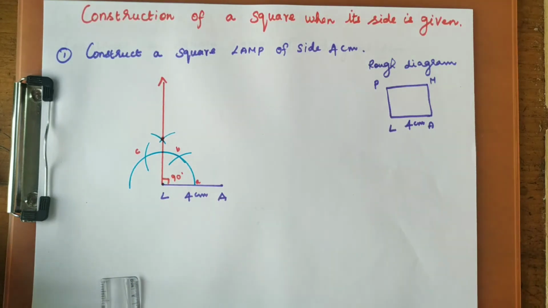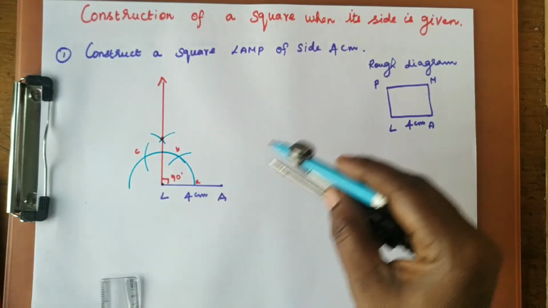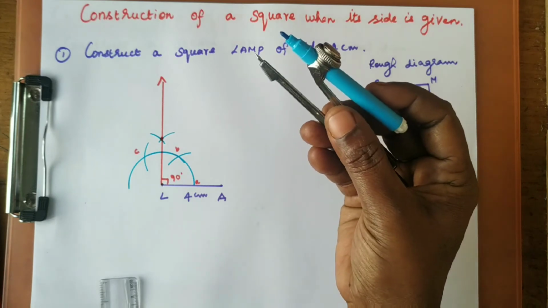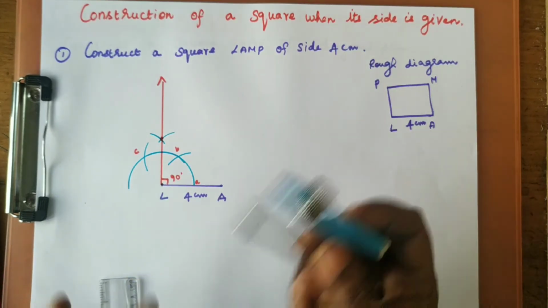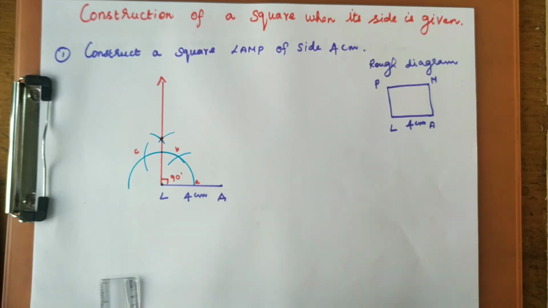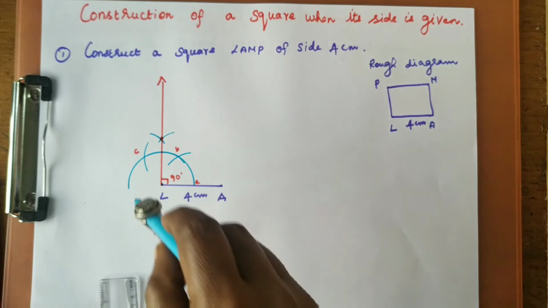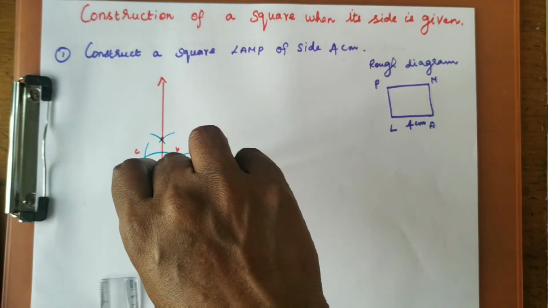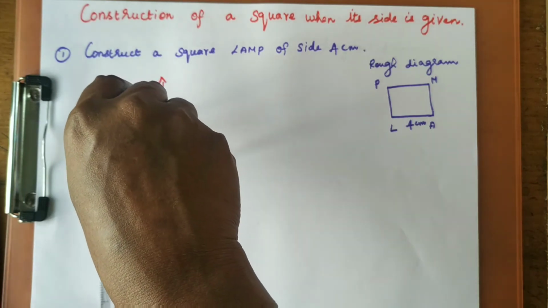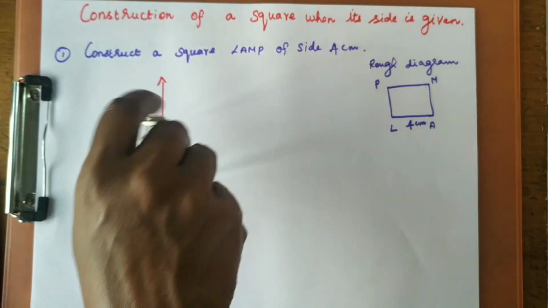Now already we know all the sides are equal. If one side is 4 centimeter, then the other three sides are also 4 centimeter. So now I am going to mark like this. Roughly you can take from this point, cut the line like this.